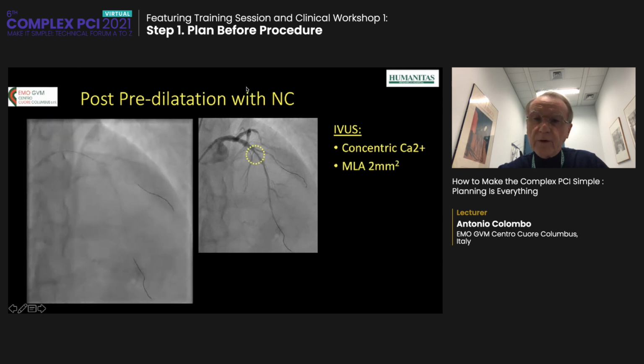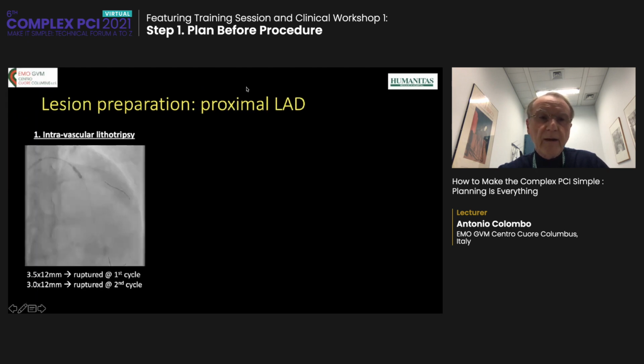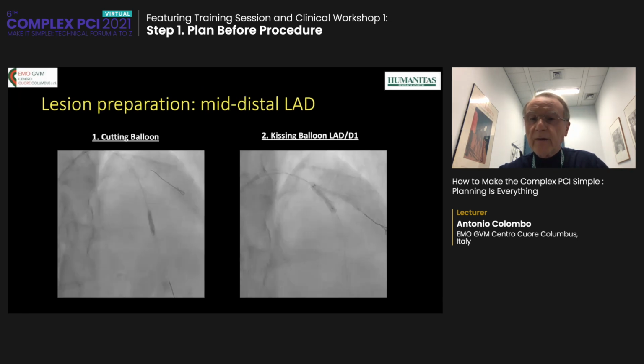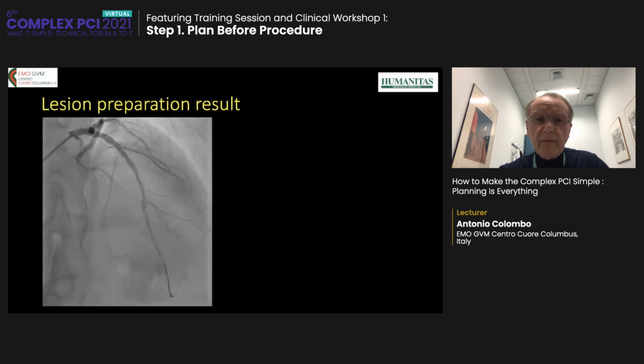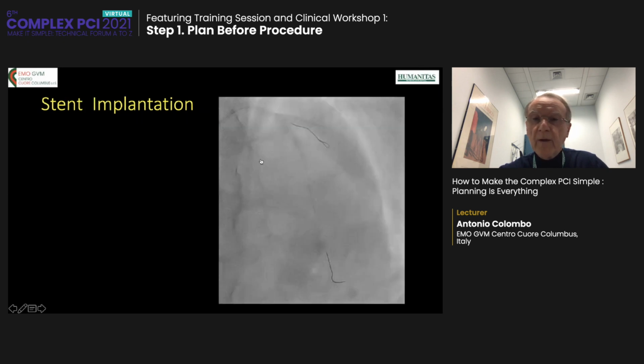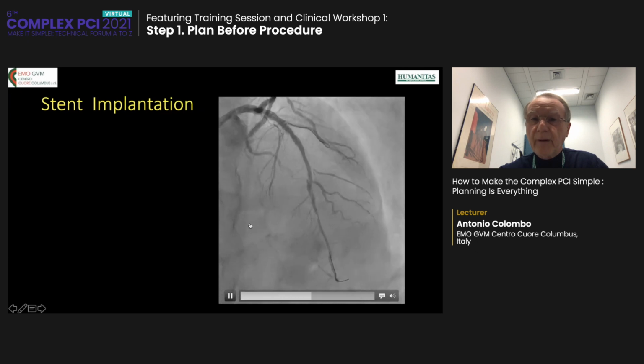Use IVUS showing calcium, as I said, shock wave, then cutting balloon, then again high pressure dilatation, and then cutting balloon more distally. Here you see optimal lesion preparation proximally, some dissection distally. Instead of implanting a very long stent, we just implanted the stent at the bifurcation in the proximal part.